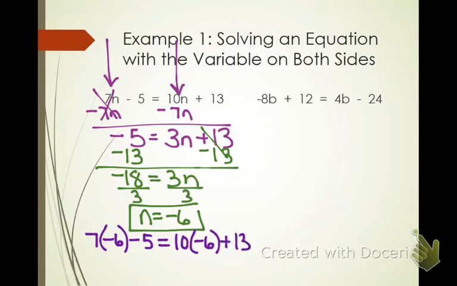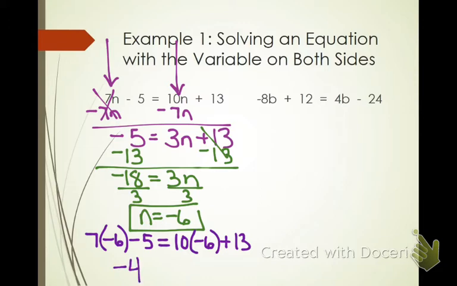All right, and now we're going to use our calculators, and we're going to plug in these numbers. 7 times negative 6 is negative 42. Minus 5 would give me what? Negative 47.